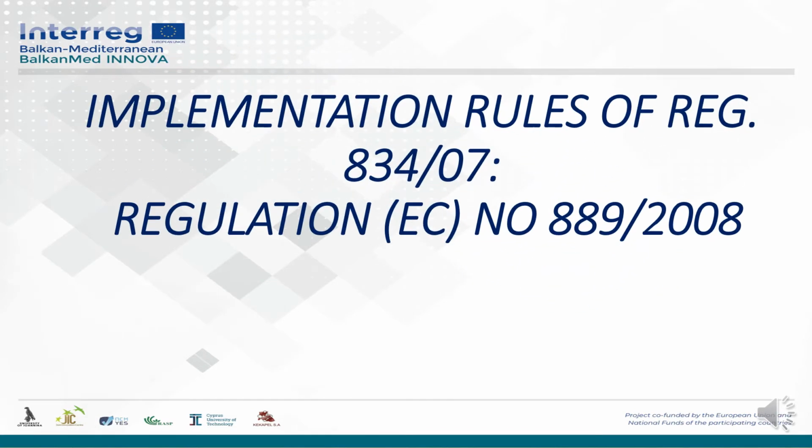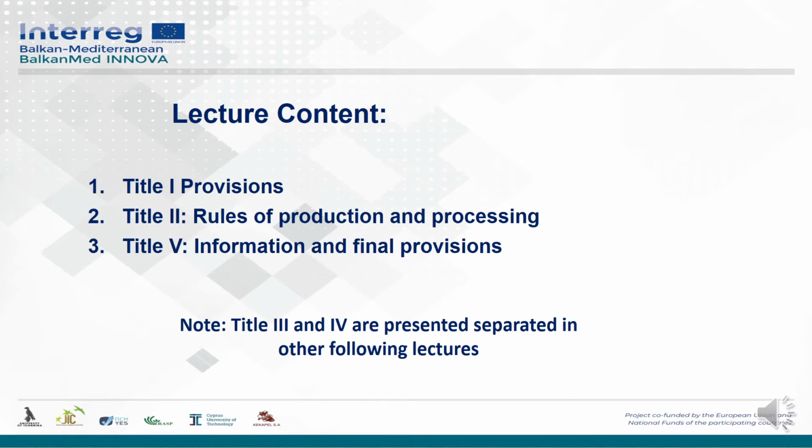Here we are in the second part of this lecture, and we will continue to explain the implementation rules of Regulation 889 of 2008. I prefer to remind again which are the sections of this lecture.